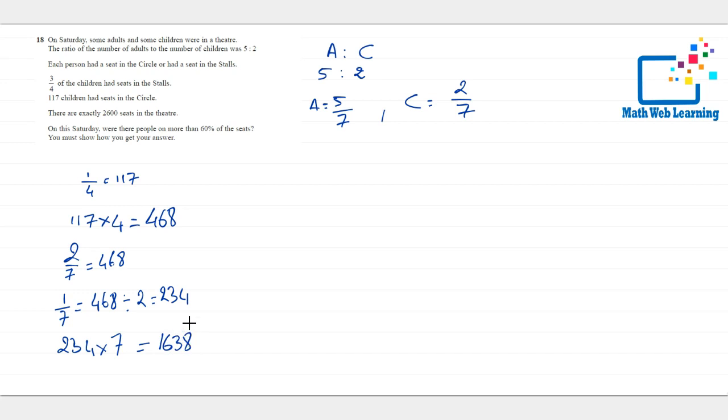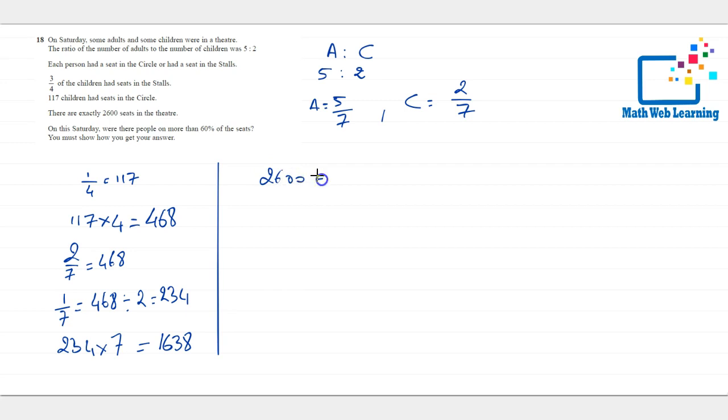Alright. Now the question says, is this number here 60% of the seats? Does it represent 60% of the seats? There is one way I'm going to do this: I'm going to take 260 seats, because that's how many seats in the theatre, and I do 60% of it.